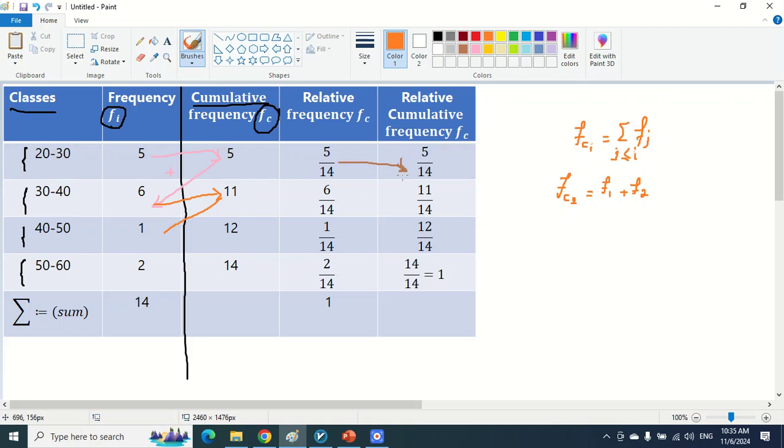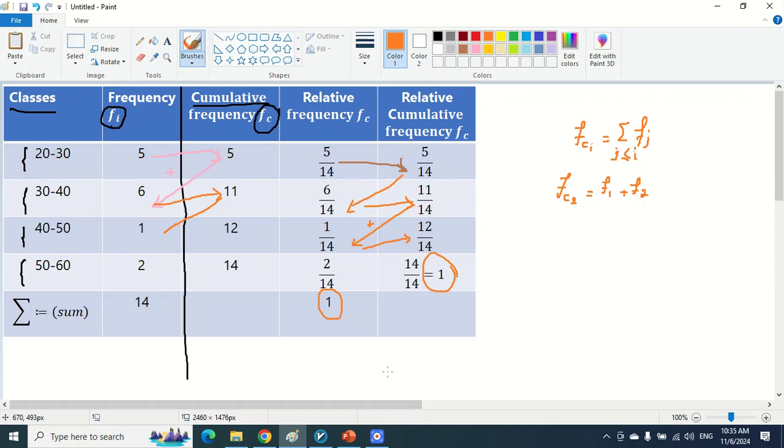For the second one, we add 5 and 6, and it's going to be 11 over 14, and again we do the same thing: we add them and accumulate them, summing up the values to calculate the next step. And the last class always has a relative cumulative frequency of 1, the same as the sum of the relative frequencies. So this is a table of frequencies.